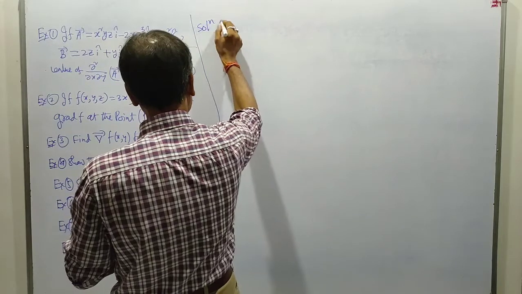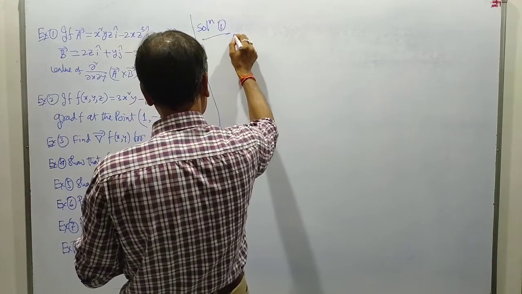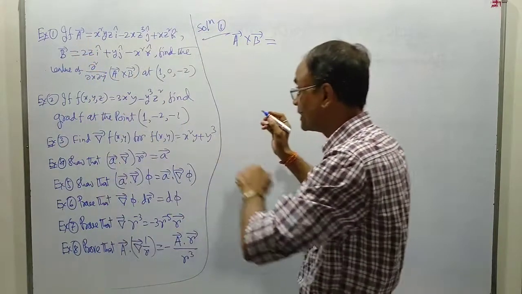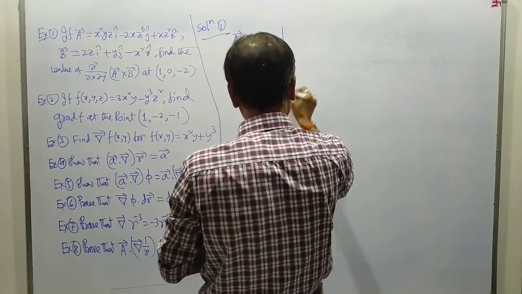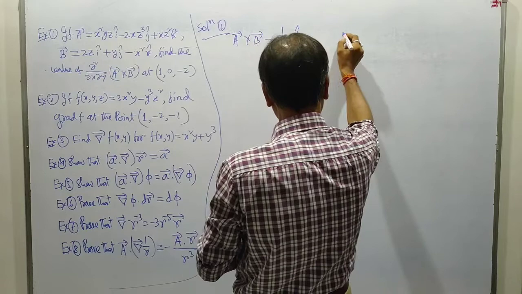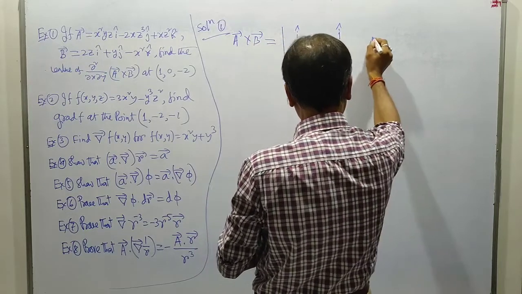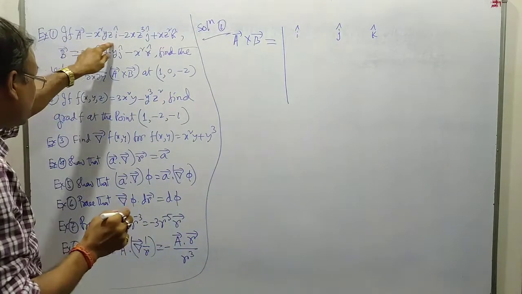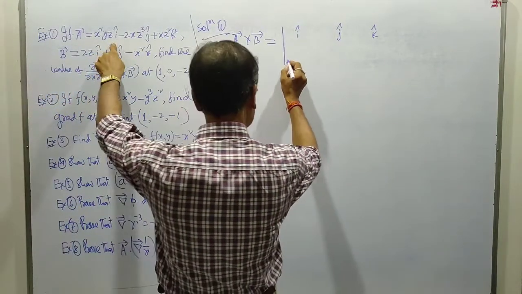Solution number 1. A cross B, the cross product of two vectors. You will have to write here i cap, j cap, k cap. The coefficient of i cap of A vector is x square y z.